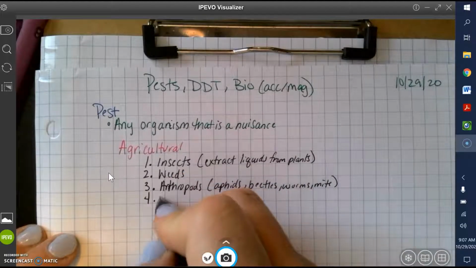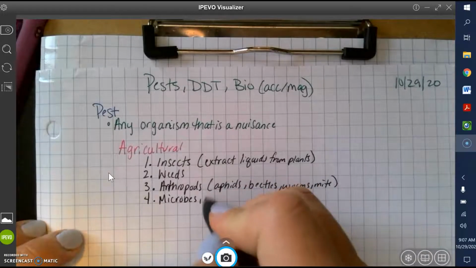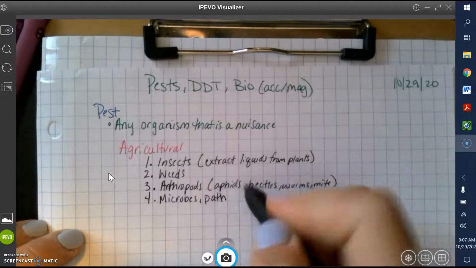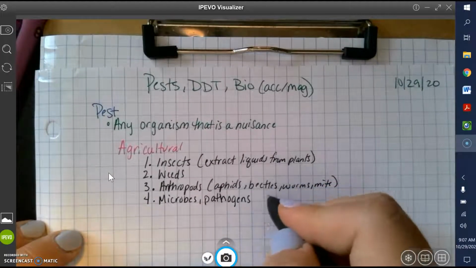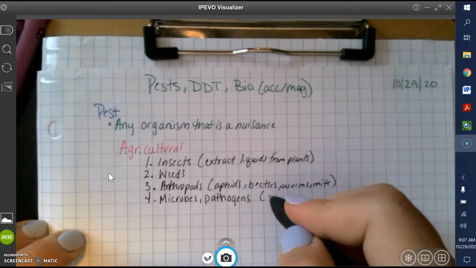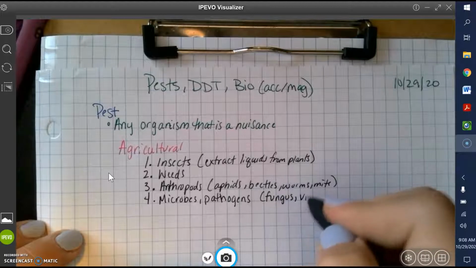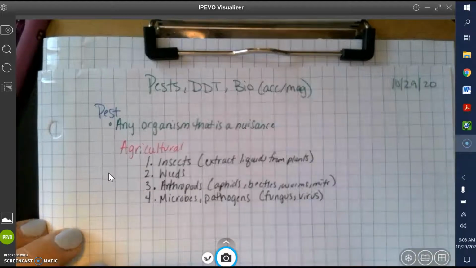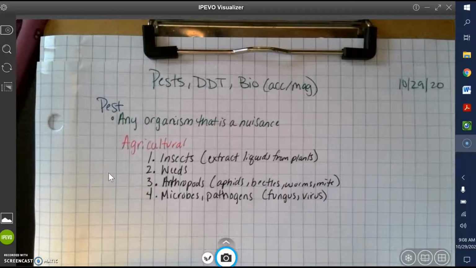And then microbes or pathogens that come in and kill. When we think about these, we want to think about fungus and viruses. And so we see all of these things in our agricultural realm.